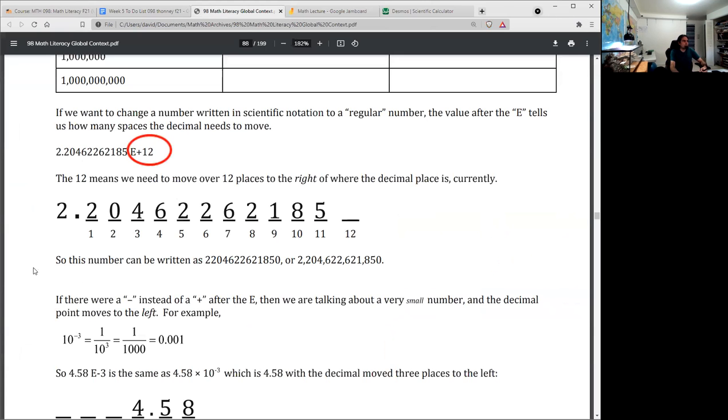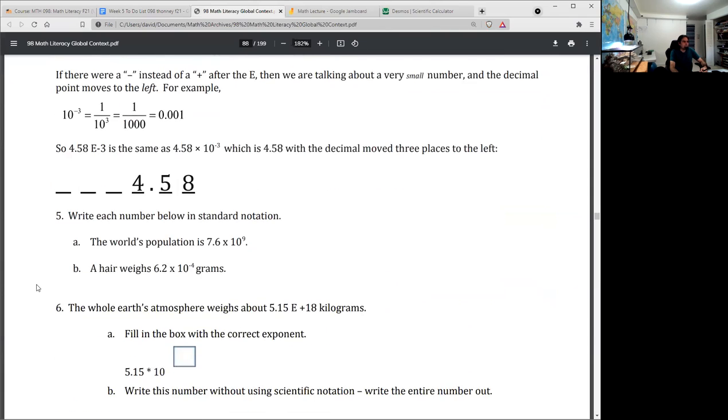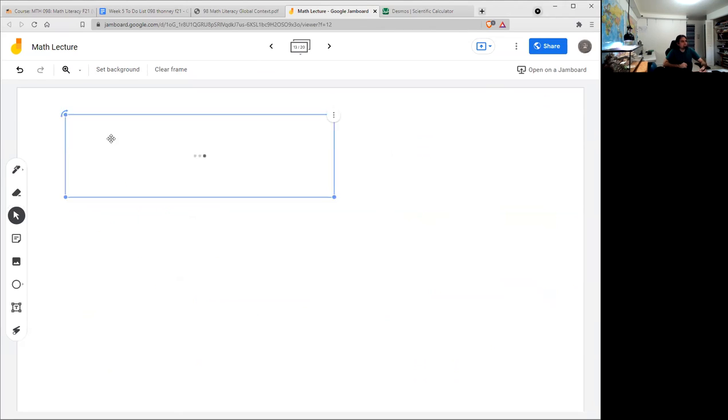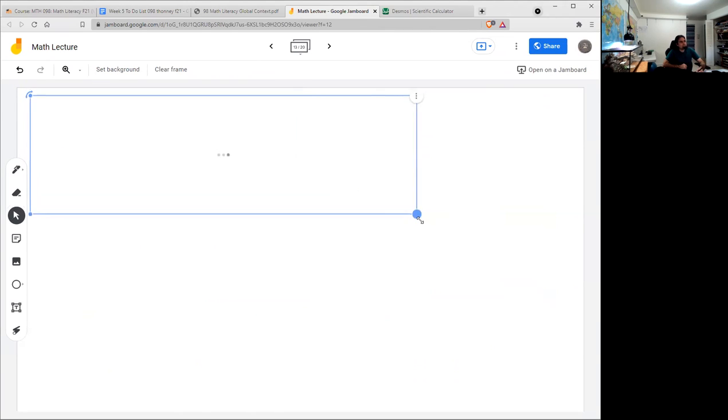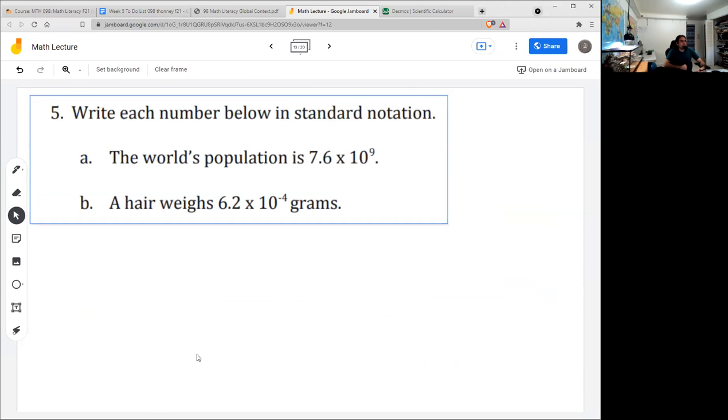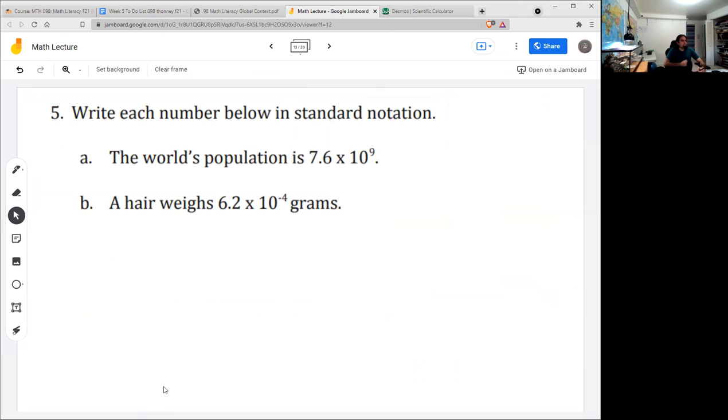Okay, let's go back to what we should be doing. So write each number below in standard notation. I have a 7 and a 6. I'm going to be scooting to the right a bunch.